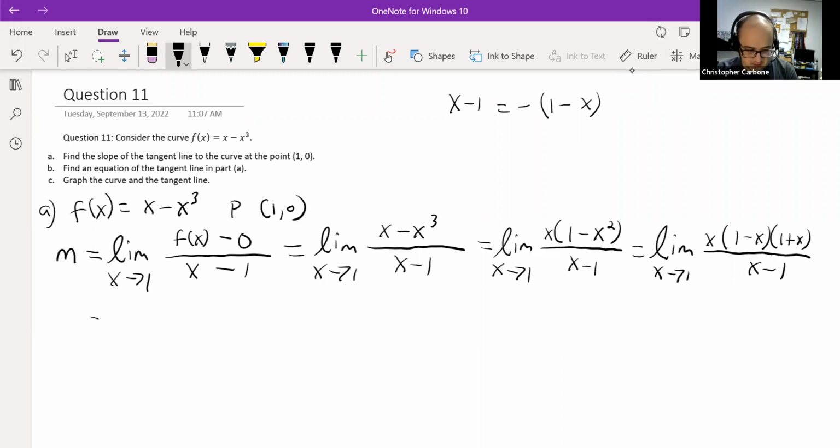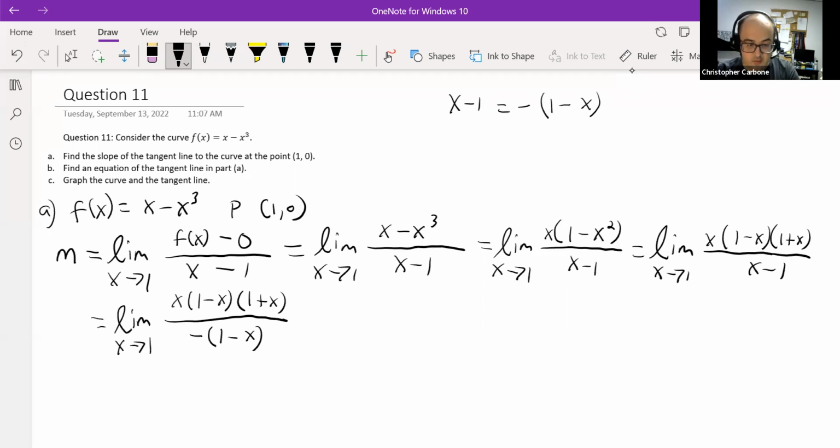So let me rewrite that denominator just so we can clearly and easily see the cancelization in it. So the limit as x approaches 1 of x times 1 minus x times 1 plus x, all divided by, rewriting the x minus 1 as negative 1 minus x.